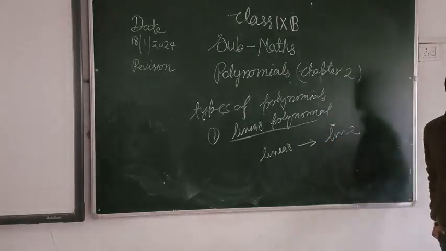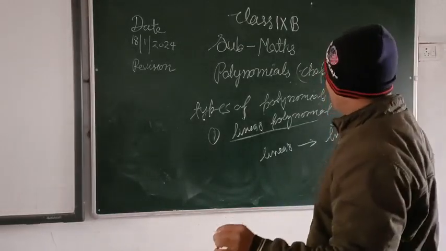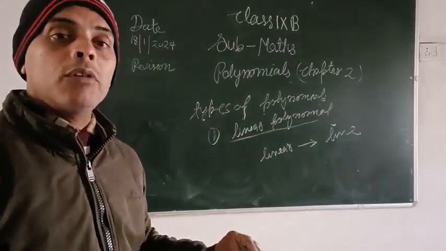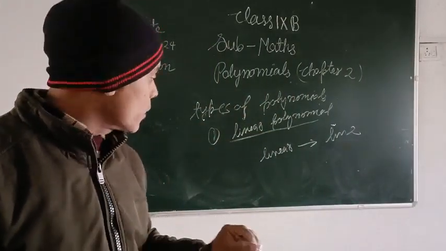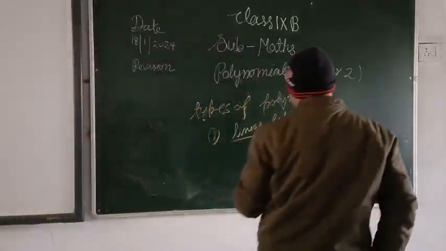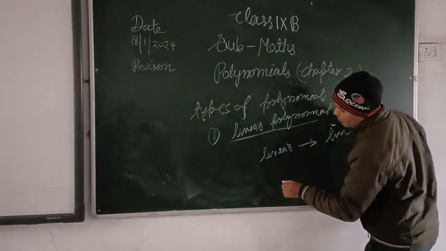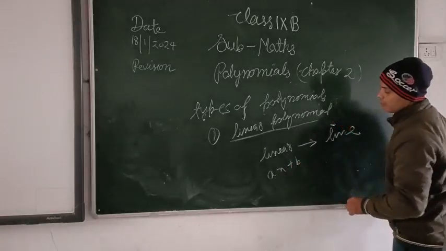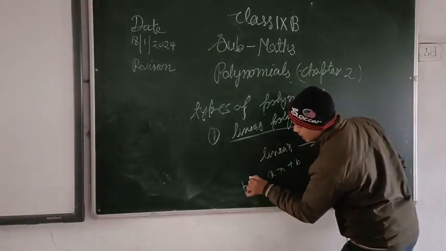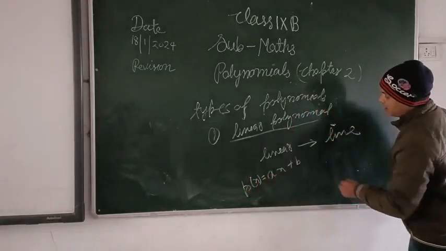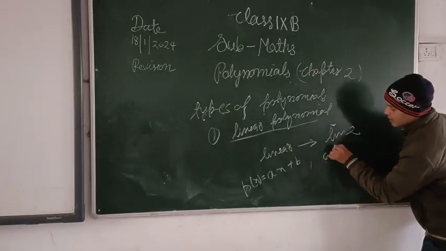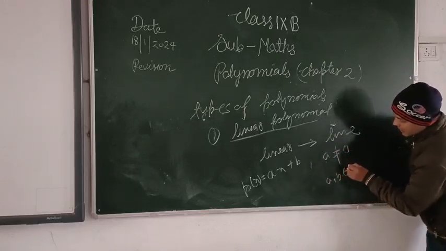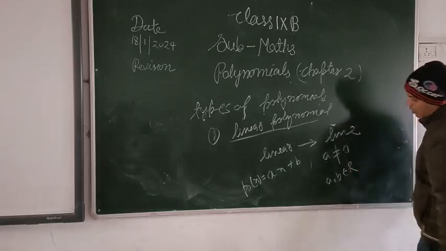Line is always straight, so whenever we plot the graph of linear polynomial, it will always be a straight line. Its standard form is ax plus b. That one is the standard form of linear equation. We can write a is not equal to 0, and a and b are elements of real number. Okay.